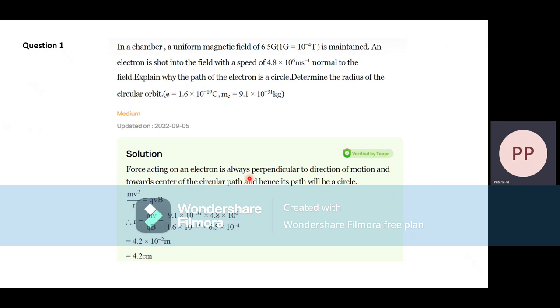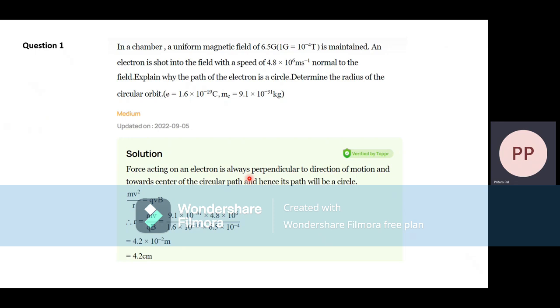So I will just start with the force. The force acting on an electron is always perpendicular to the direction of motion, as I already discussed, and towards the center of the circular path, and hence the path will be circular. So what force is responsible for this? For any circular motion, there is always a centrifugal force balancing the centripetal force.